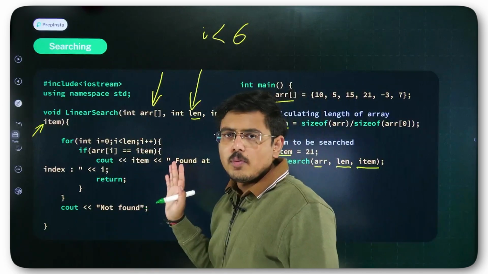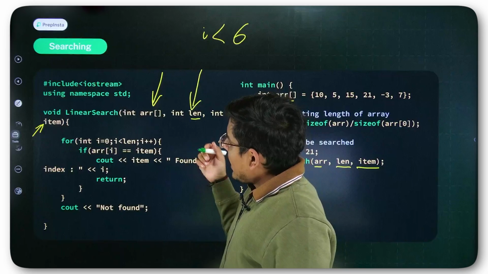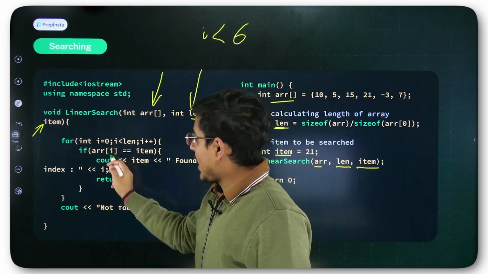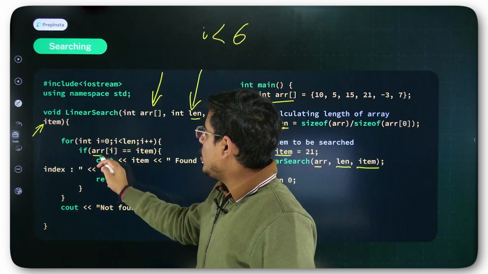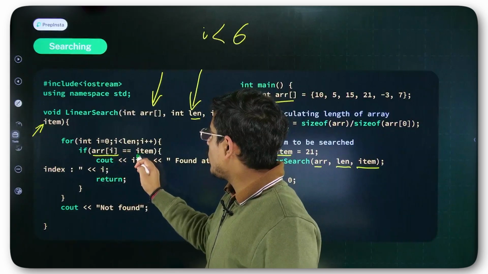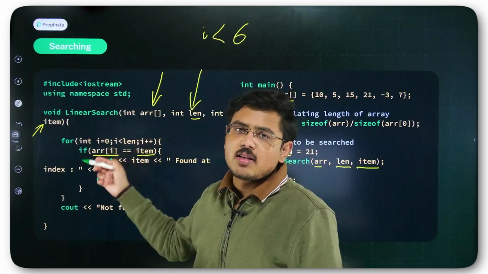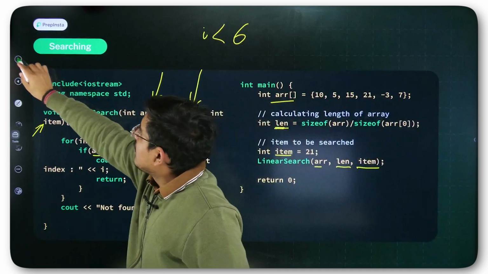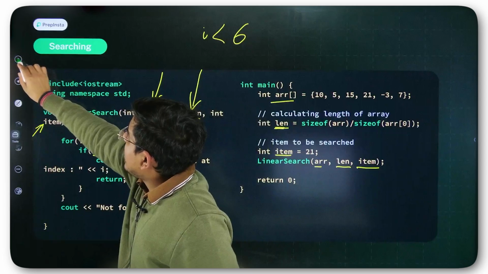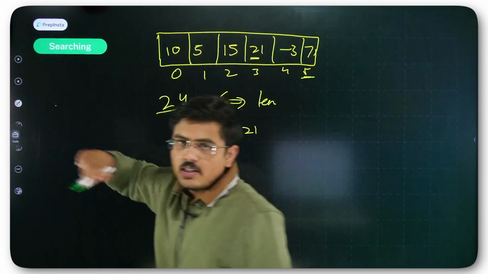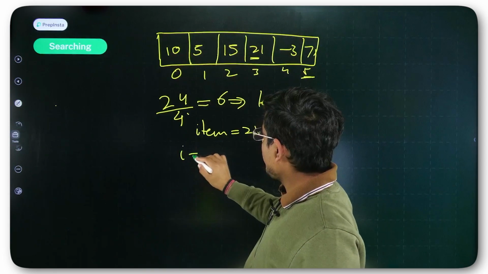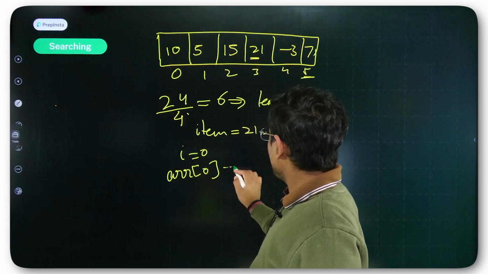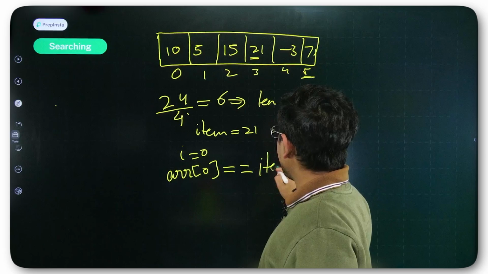Simple for loop. Okay, so what you're trying to check inside the for loop is, for every index you will check whether the value at that index is equal to the item that you are searching for. For the first iteration, i is 0, so for array of 0, you check whether it is equal to item or not.